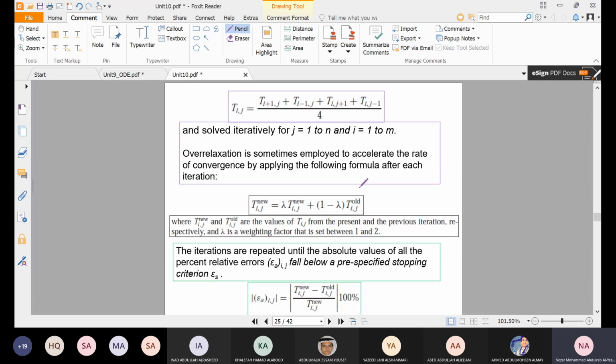Use it to improve the rate of convergence using this format. So how can we do this? We have a new value of Tij multiplied by lambda, the new temperature for the node, plus 1 minus lambda multiplied by the old value of Tij.